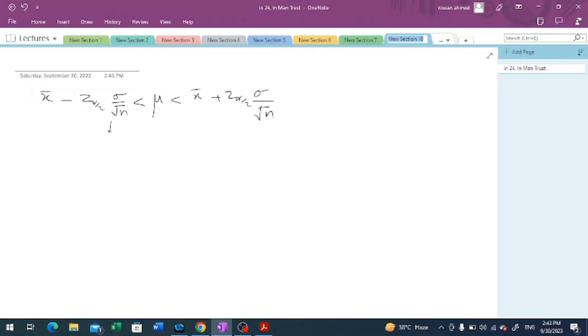And extracting out this factor, we refer to it as margin of error in estimation.